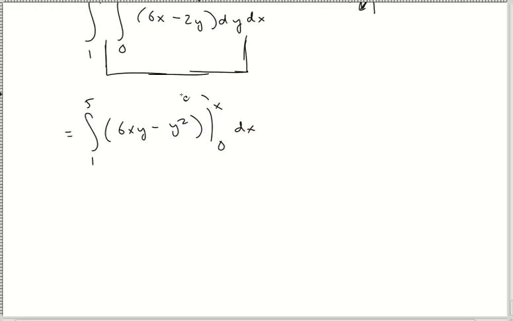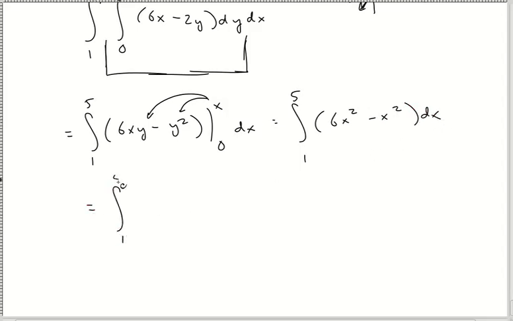Whenever you plug in the x, here and here, we get 6x squared minus x squared. The 0 is going to cancel everything, so no need for that. So 6 minus 1 is 5. Integrating this in terms of x now, we get 5x cubed over 3 from 1 to 5.